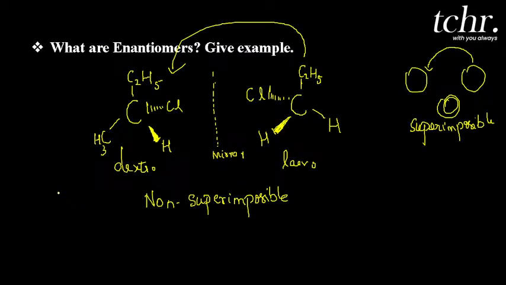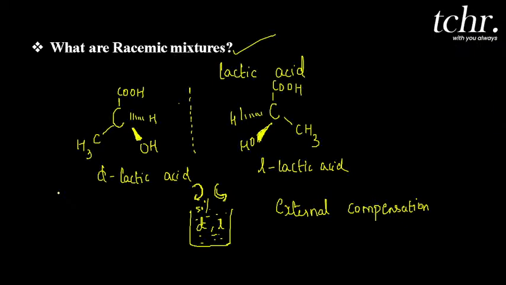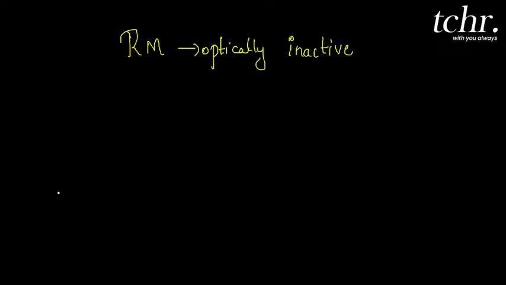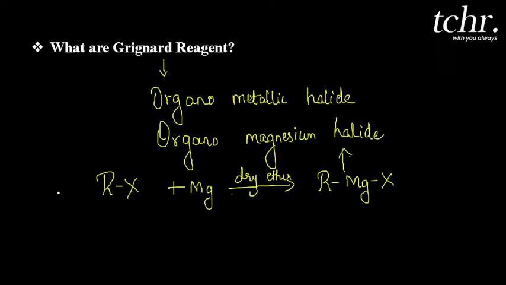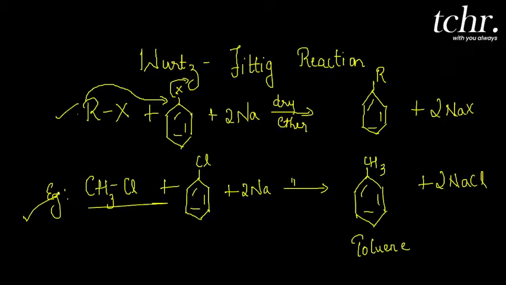What are enantiomers? You have to explain with an example. What are racemic mixtures? You have to explain. And also racemization with an example. And what is Grignard reagent and how to prepare Grignard reagent. Wurtz reaction, Fittig reaction, and Wurtz-Fittig reaction.